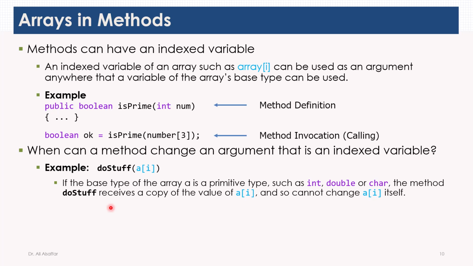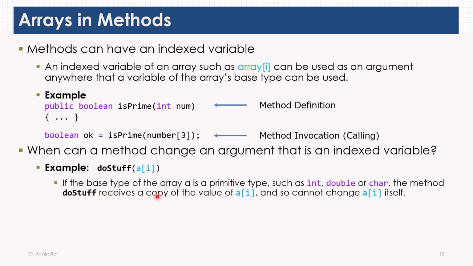So imagine that we have a method called doStuff, and a[i] is the parameter that we want to pass to it as an indexed variable. Whether the value a[i], as an input parameter to the method, will change inside the method or not depends on its data type.